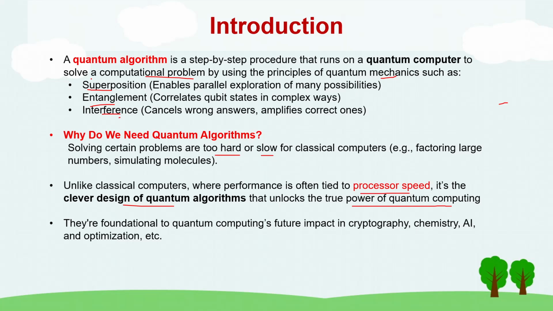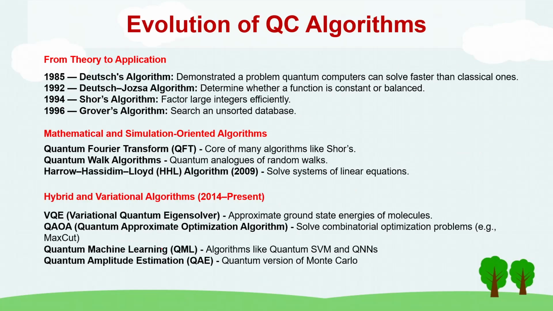So all that is designed with this set of quantum mechanical principles. They are foundational to quantum computers' future impact in cryptography, chemistry. There are many more applications. I think tomorrow or the day after you will see many applications of quantum algorithms.